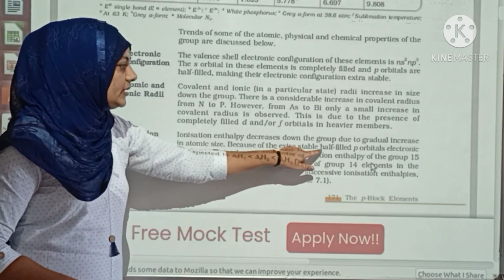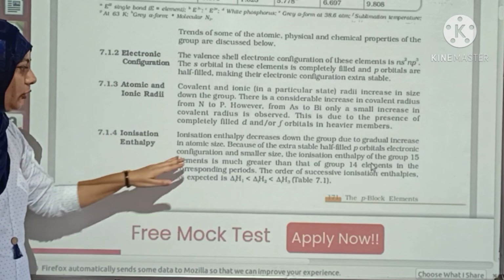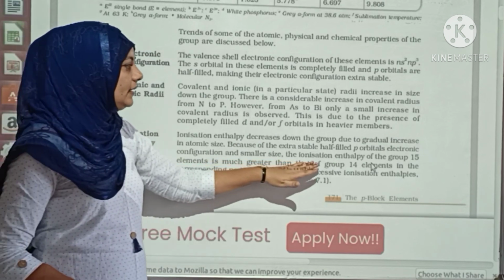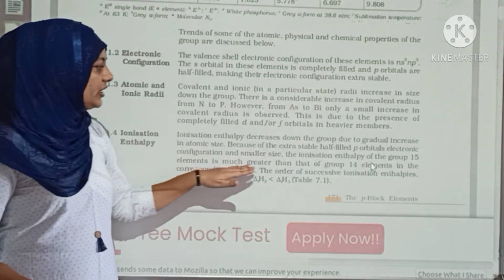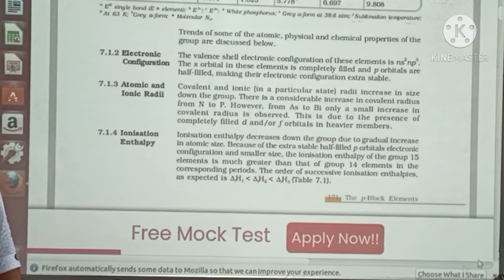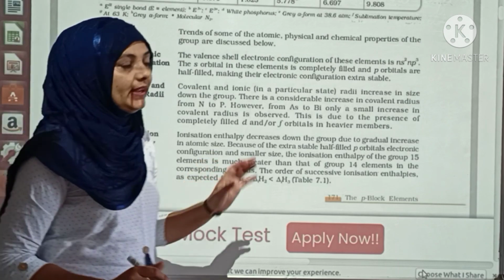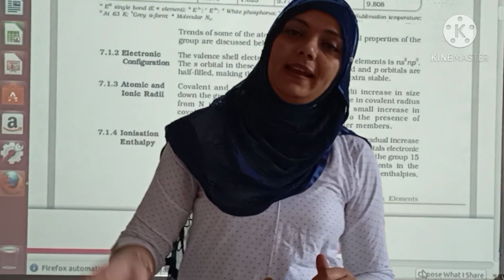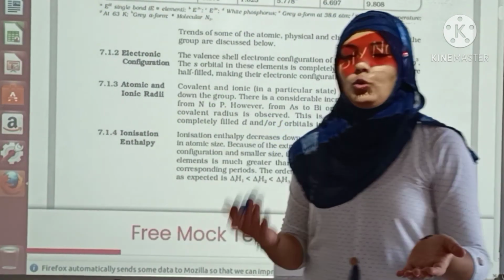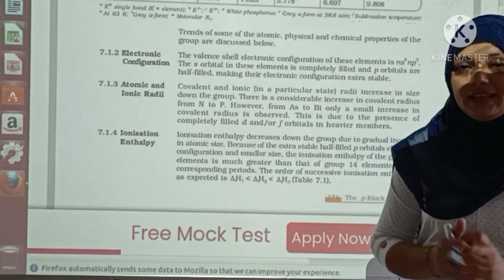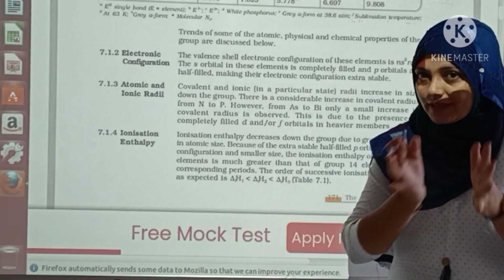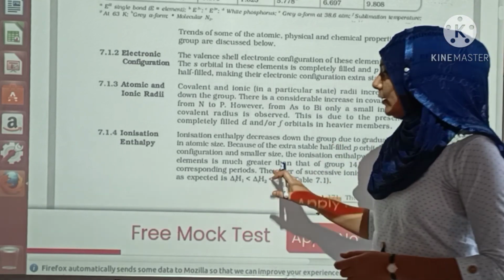Because of the extra stable half-filled p orbital electronic configuration and smaller size, the ionization enthalpy of group 15 elements is much greater than group 14. कॉमन सेंस की बात यहाँ पर आपको ये लगानी है that group 14 पहले आता है, group 15 बाद में आता है. तो group 15 में जो आपका ionization enthalpy है, it should decrease, कम होनी चाहिए. क्यों? क्योंकि साइज बढ़ती जा रही है. But what is happening over here?